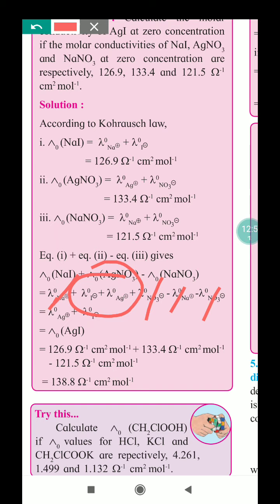On calculation it is 138.8 ohm inverse centimeter square mole inverse. So from this, you have to try some problems given below.